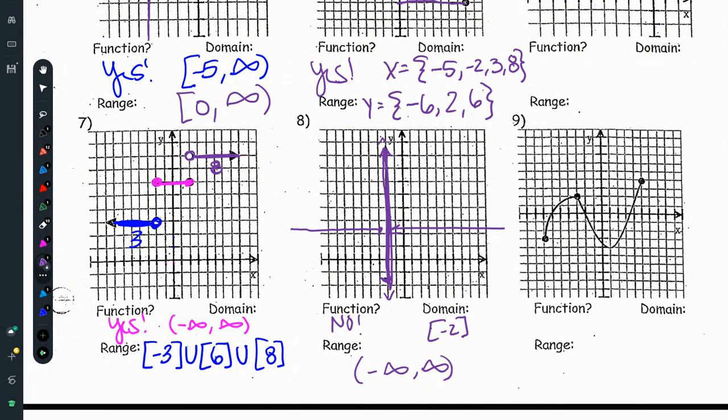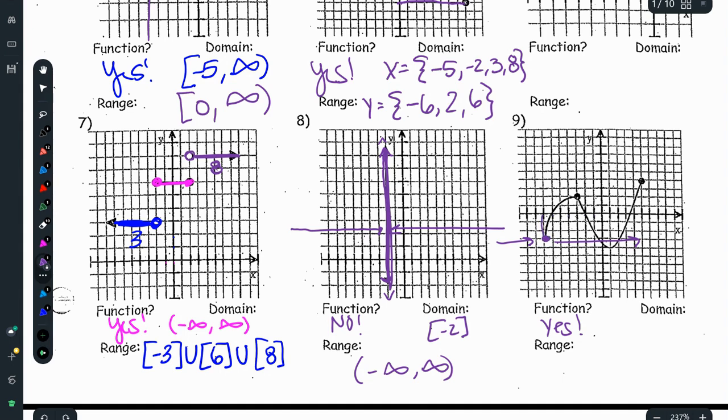And the last one we're going to do is number 9. So for number 9, is it a function? Yes, it passes the vertical line test. For the domain, I'm going to go from the left to the right. So on the left, my first point I hit is this one right here. So if we count, that's at 1, 2, 3, 4, 5, 6, 7.